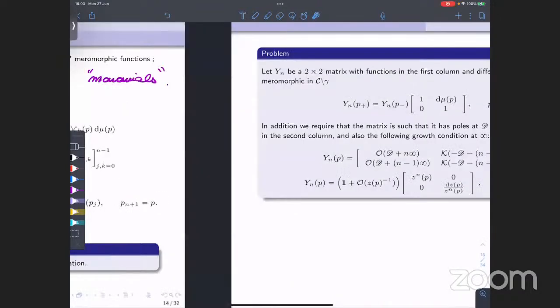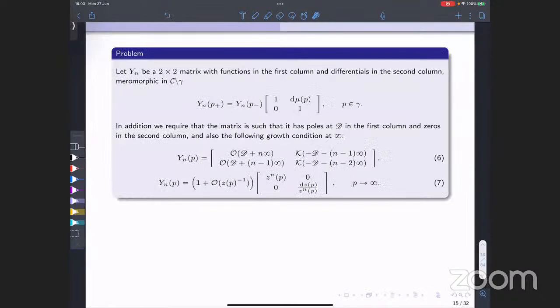Okay, so what is this Riemann-Hilbert problem? That is the equivalent of the Fokas-Its-Kitaev problem for orthogonal polynomials, right? Which is the basis for the application of the steepest descent method.